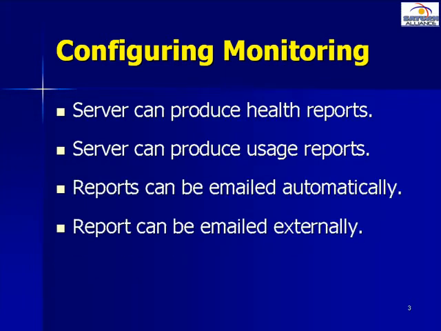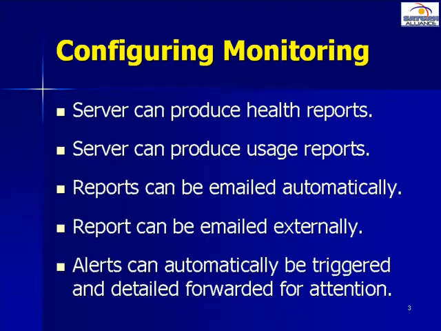Reports can be configured to be emailed automatically, and they can also be configured to send to an external party. You can also configure alerts on a small business server to automatically be triggered and details of any issues forwarded for immediate attention.